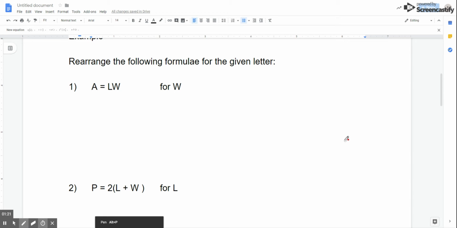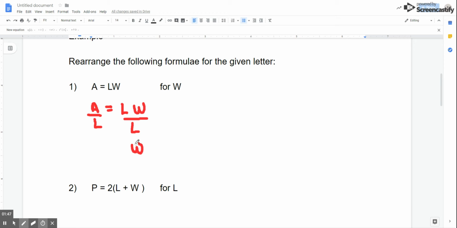Let's look at the first one. A equals LW. We want W alone on one side of the equation. L is multiplying the W. The opposite of multiplying is dividing.